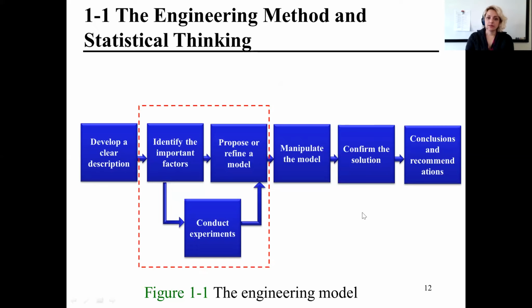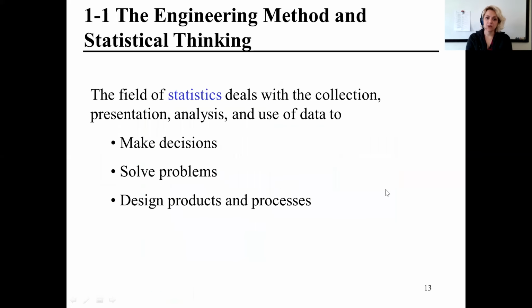So when we look at it, this is the part where we do the statistics. You identify the important factors, get the data and analyze it. We said we are going to get the data and analyze it with descriptive statistics, and with inferential statistics we draw a conclusion. The field of statistics deals with the collection, presentation, analysis, and use of data.